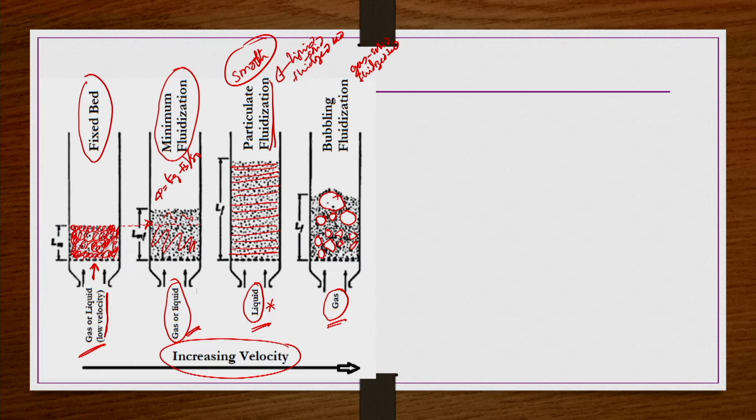That is the reason this kind of behavior in a gas-solid fluidized bed is known as bubbling fluidization. In some books you also find the terminology aggregative fluidization, because earlier it was believed these particles were agglomerating and forming clusters, leaving more space for the gas to form voids or bubbles.